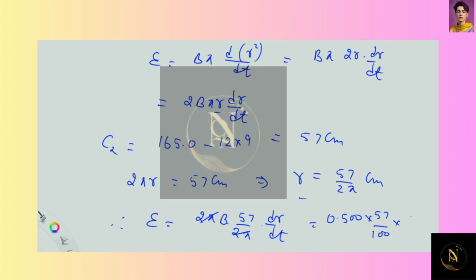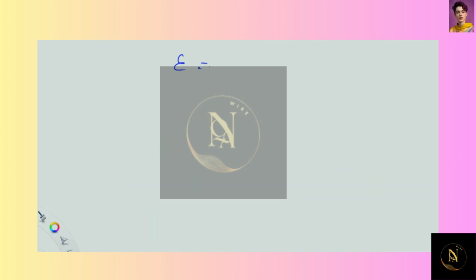So here it will become 12 by 100 divided by 2 pi. Finally, this EMF induced is calculated to be equal to 5.45 into 10 to the power minus 3 volt, which is the answer for the first part of this problem.